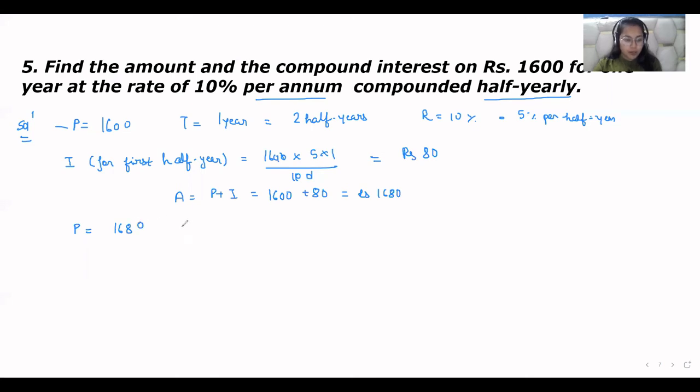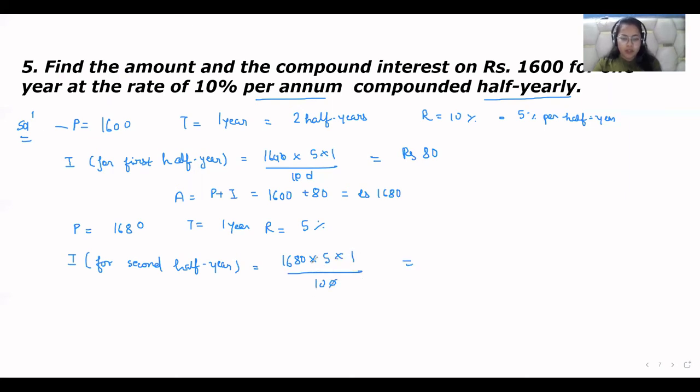So what is our principal for the next 6 months, or for the next half year? 1680 is our principal, and our time is again 1 half year and rate is 5%. So our interest for the second half year is principal times rate times time over 100.